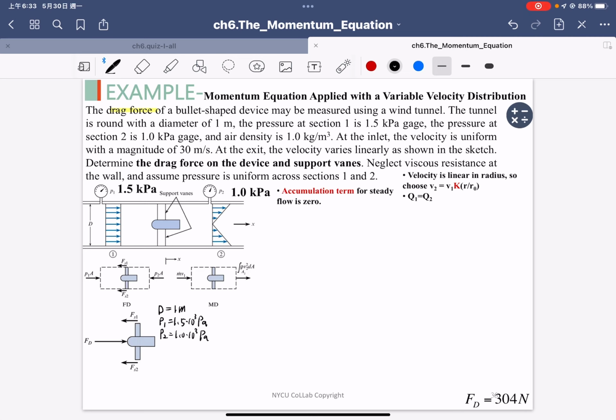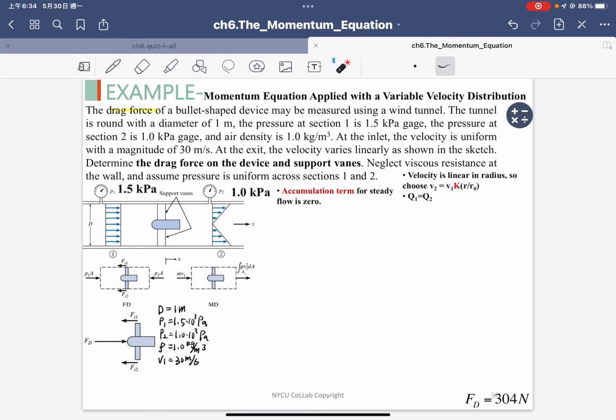The fluid is air, and the density is 1 kilogram per cubic meter. At the inlet, the velocity is uniform with a magnitude of 30 meters per second, so V1 is equal to 30 meters per second. At the outlet, the velocity is non-uniform, as sketched here.